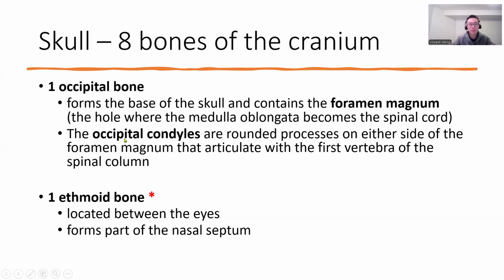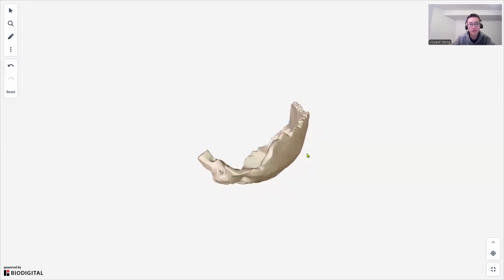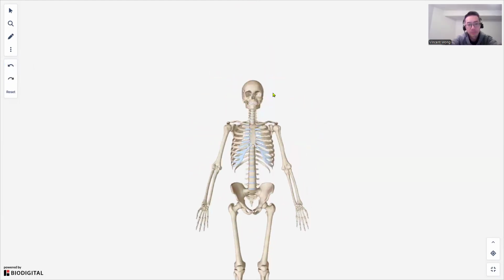They are called occipital condyles, and they make a connection with the first bone in our backbone. The backbone is also called the spinal column or vertebral column. We'll write all these down later on. Any questions so far? Frontal, parietal, occipital. Questions before we move on to other stuff.